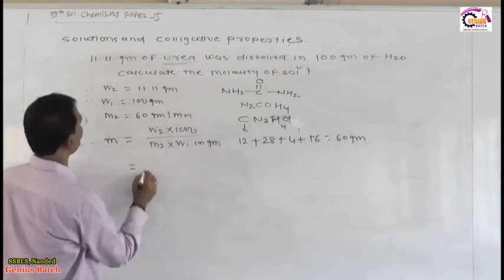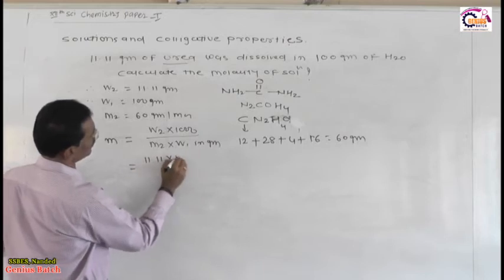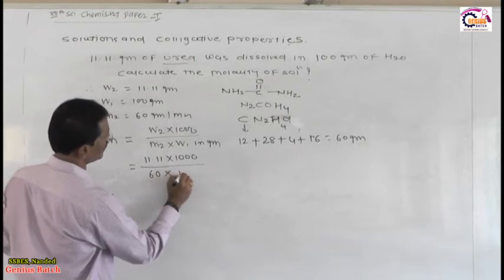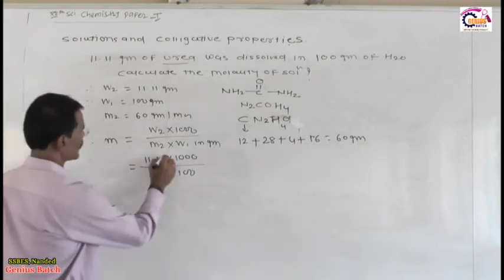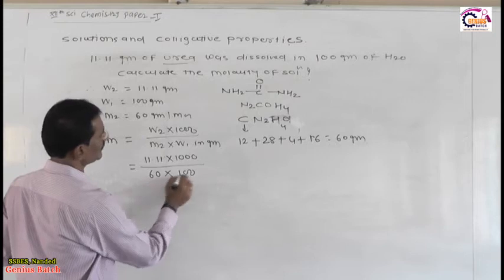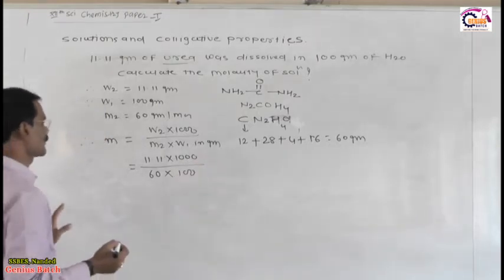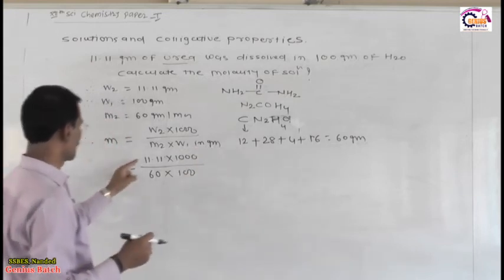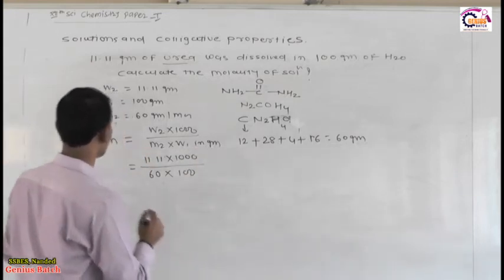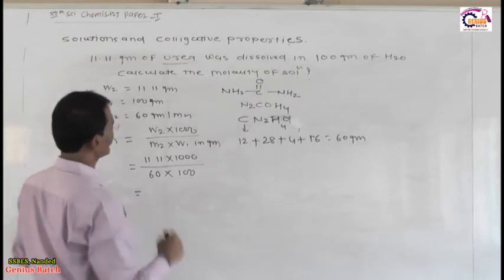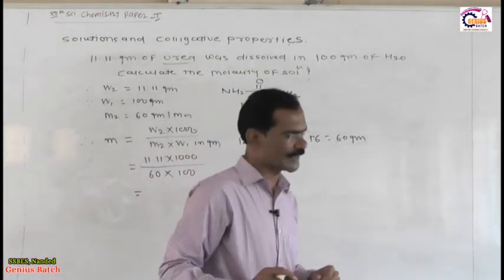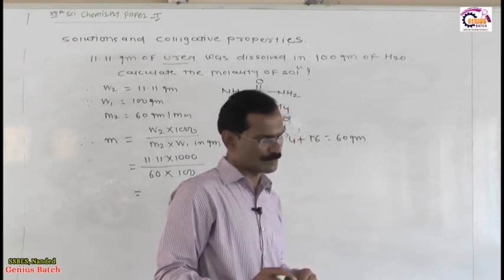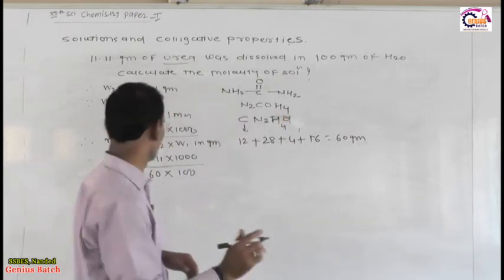So W2 is 11.11 into 1000 divided by 60 into 100, because gram gets cancelled. Therefore the unit becomes mole per kilogram. 11.11 by 60 means number of moles. Finally after calculating all this, the value becomes 1.852 mole per kilogram.